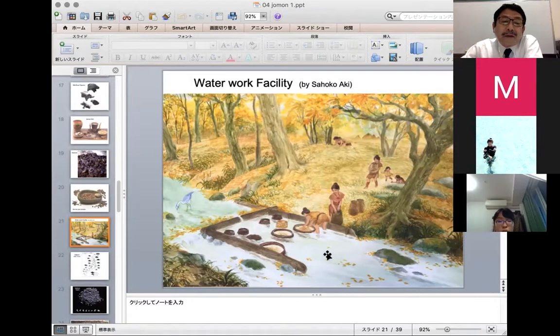Not in this area close to ICU, but away to the north, there are some other sites that showed this kind of facilities too. So obviously they were doing various water work in this type of site.